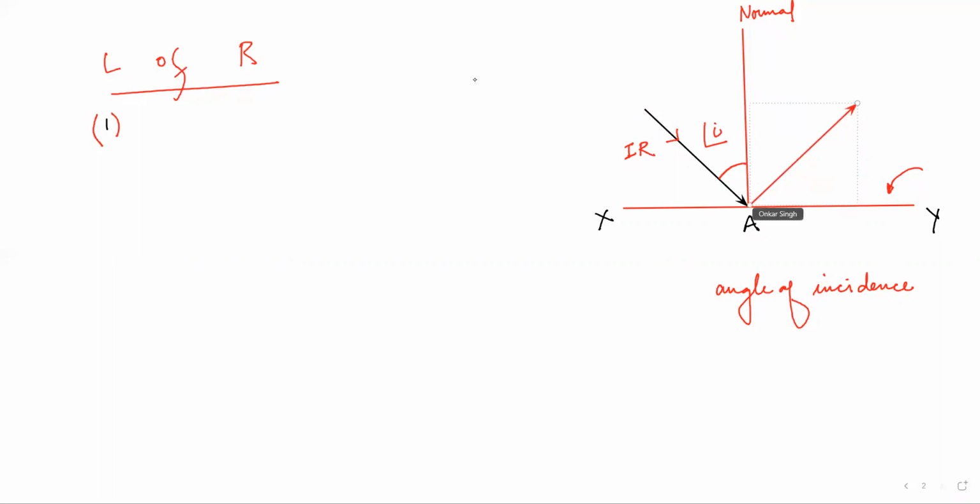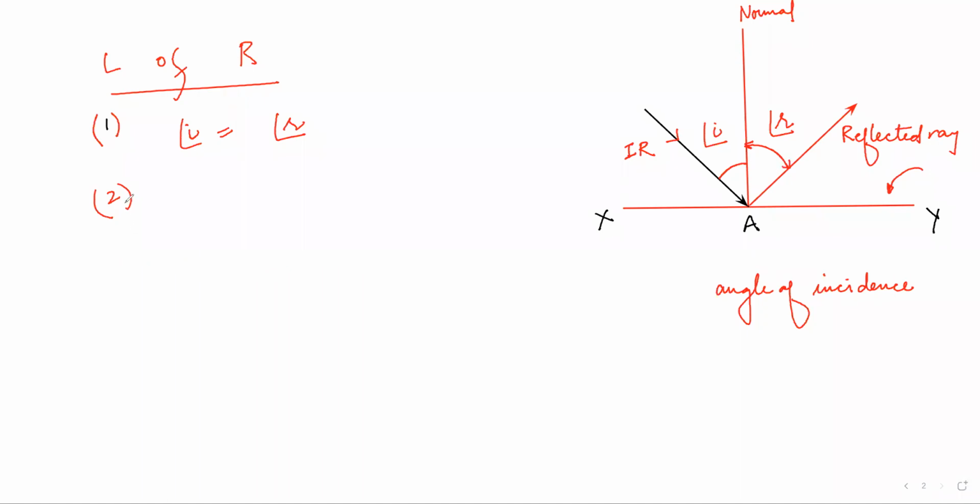This angle is known as the angle of reflection, represented by R. Angle I is equal to angle R. This is the first law of reflection: the angle made by the incident ray with the normal and the angle made by the reflected ray with the normal, angle R, are both equal.